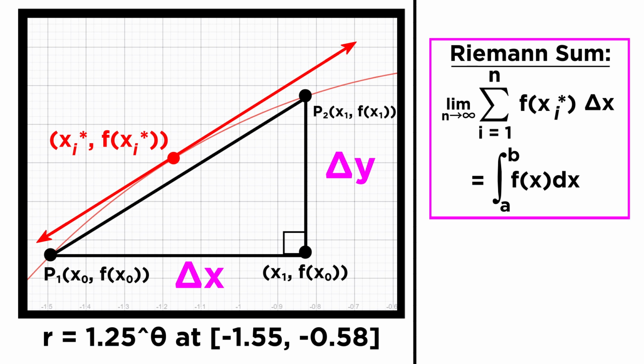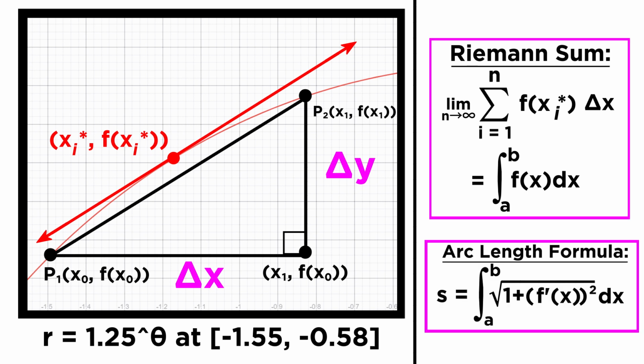Hence, our sum is equal to the definite integral from a to b of the square root of 1 plus f prime of x squared dx. This is the final formula for the arc length, usually denoted by the letter S.